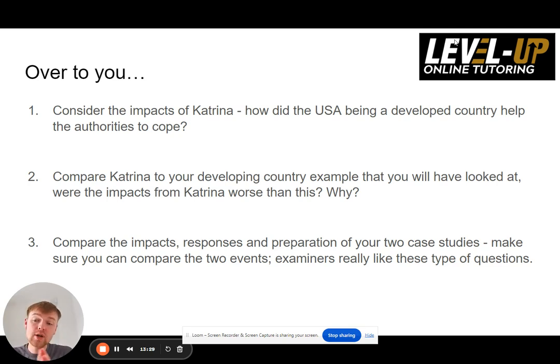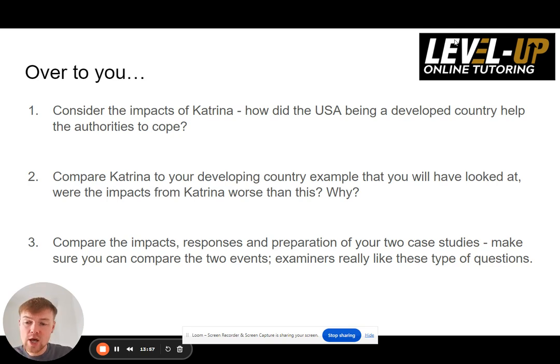Often, the examiners for Edexcel B like you to either be comparing impacts, responses, and preparation, or they like you to look at comparing a developing, emerging example to a developed example and say, actually, what was the straw that broke the camel's back? Was it the financial means, or was it actually everything else that meant that the impacts were more or less for this example?